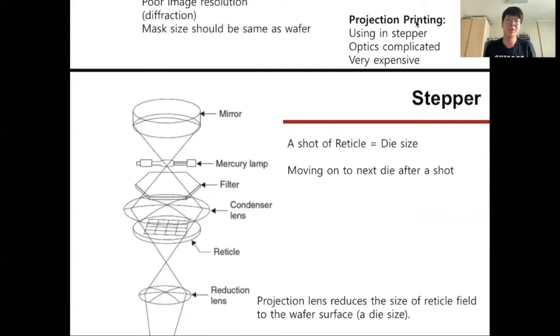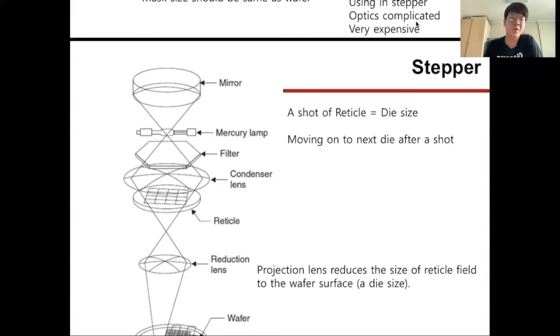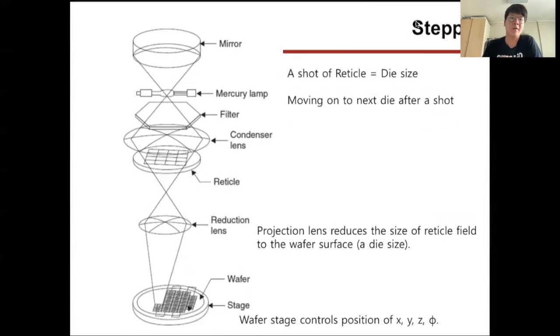In projection printing, we use steppers. We use steppers because the mask is not the same size as the wafer. So we expose these patterns using optical systems to zoom in.